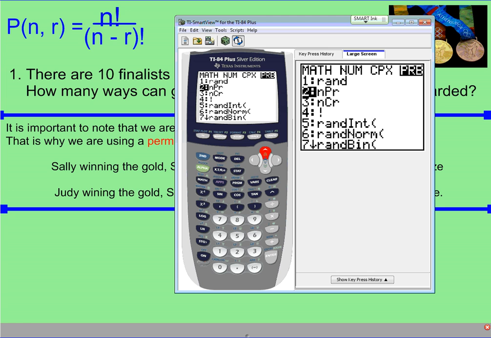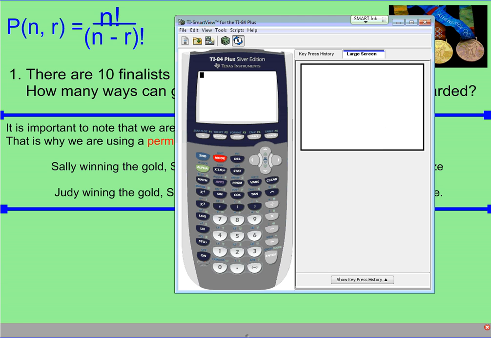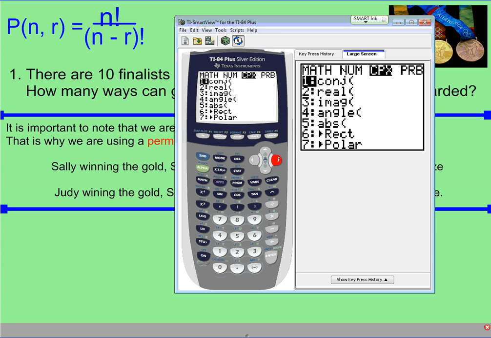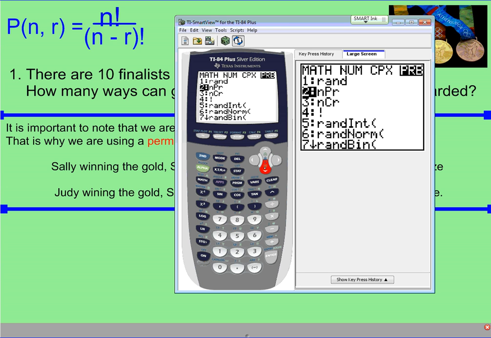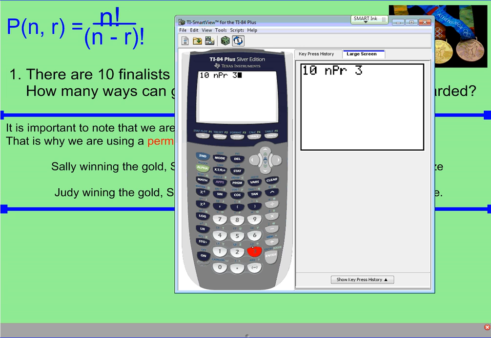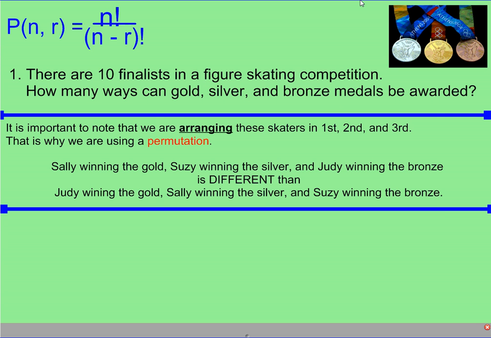So here's what this is going to look like. You start off with 10 skaters. Then you go to math, over to PRB, nPr, 3. Hit enter. So 720 is going to be your answer. So think about what this actually represents.